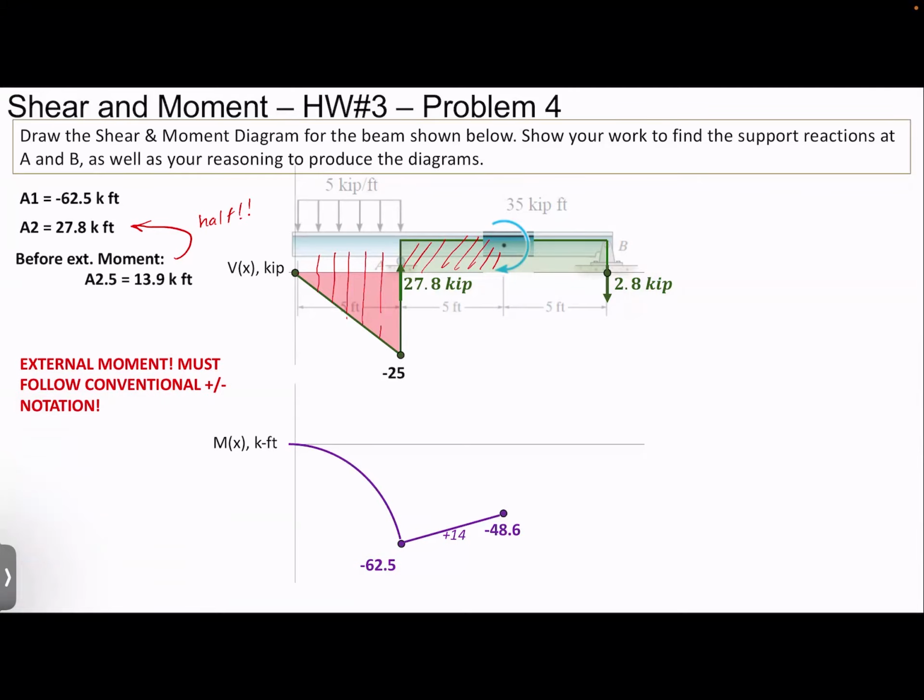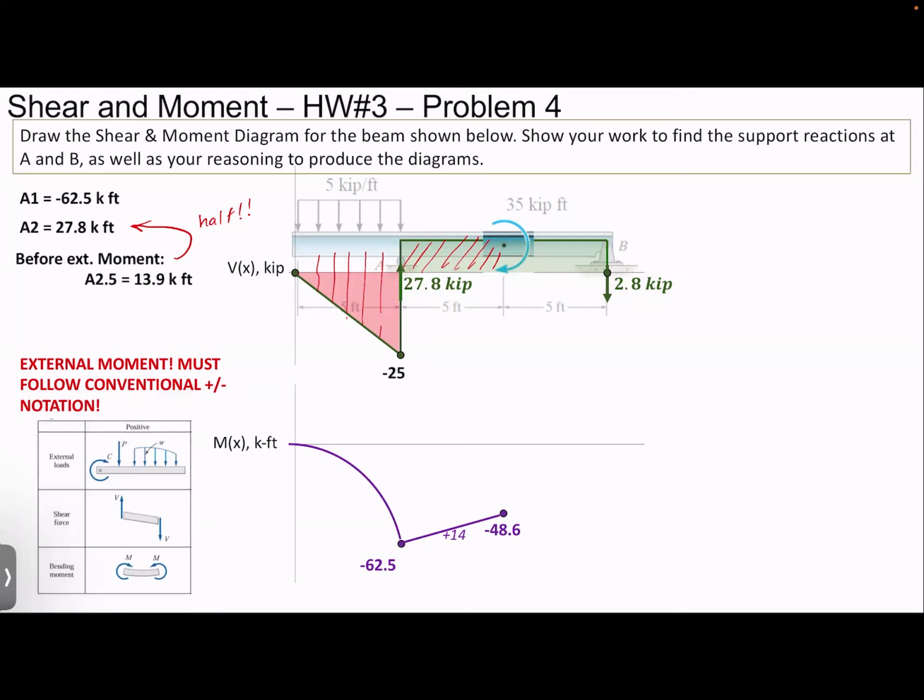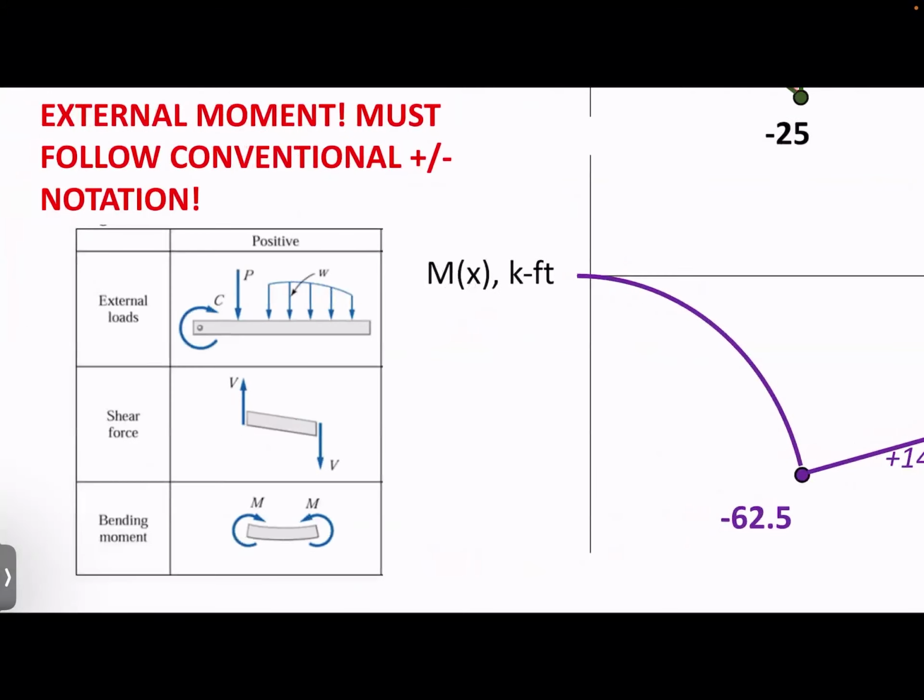Now, I didn't mention this in class because we haven't come to an example problem like this, but in statics, remember when we have external moments, we have to follow the conventional plus-minus sign notation. The thing to remember is half pipes are positive. Like any skaters, half pipes are fun.